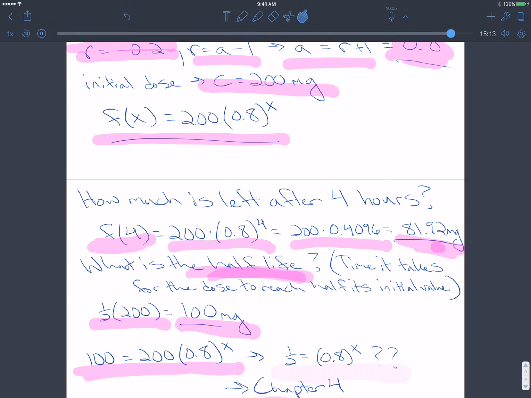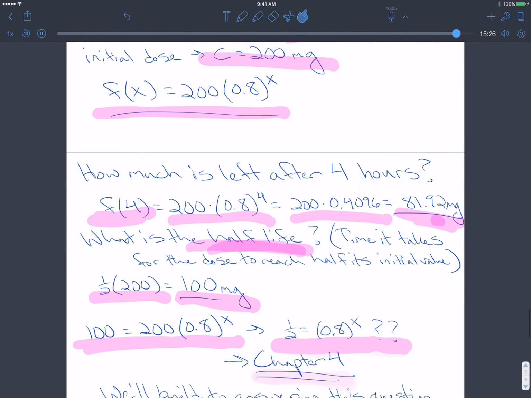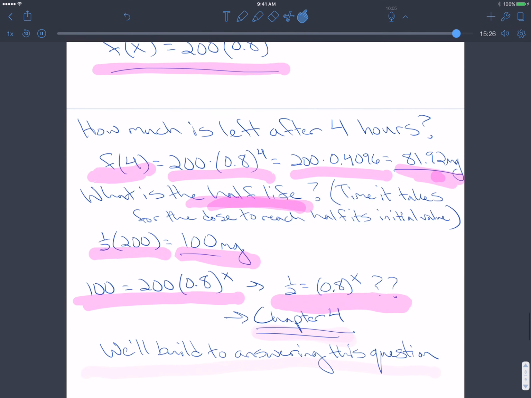But you don't actually have a way to get the x out of that exponent. Right now, you don't have the material to actually solve this equation. That's okay, but I want to give you a flash forward that this is something we're heading toward.